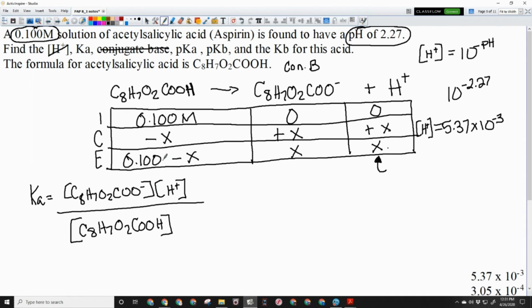We can calculate this. So this is going to be just simply X squared over 0.100 minus X, which is equal to 5.37 times 10 to the negative third squared over, let's go ahead and calculate this.